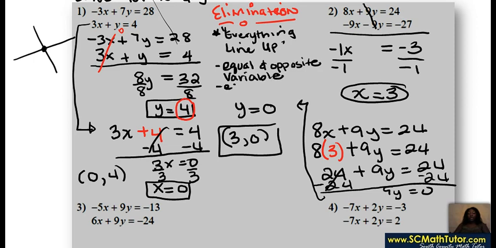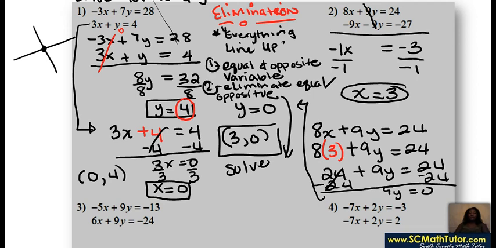You want to eliminate the equal and opposite variable, and then you want to solve. So: line up, find one equal and opposite value, eliminate it, and you solve.